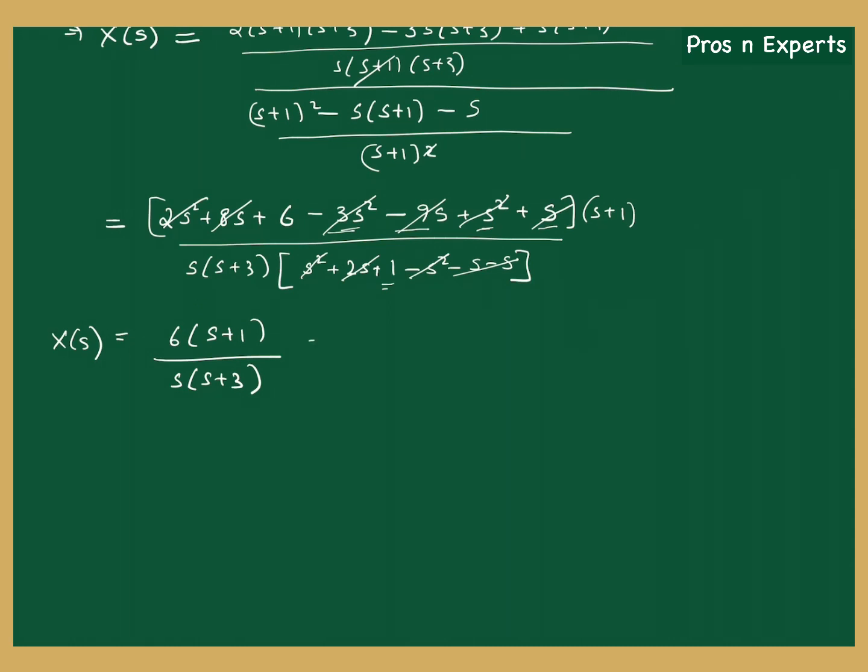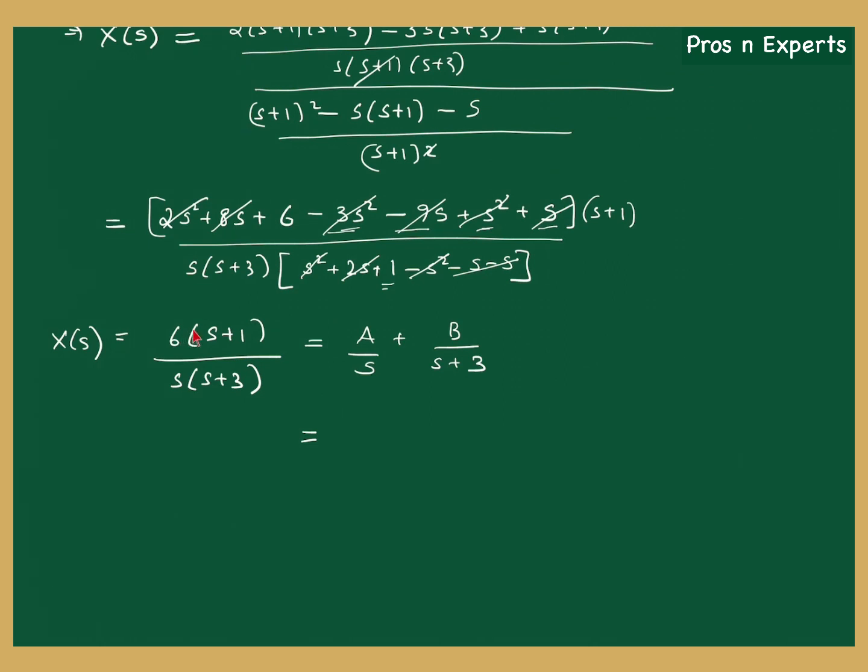Now it's only a matter of making it into partial fractions. So this is a by s plus b by (s plus 3). You can adopt any method to find out a and b. I think I will go on with the simplest, easiest method. Here, what is a? You just observe what value of s makes this denominator 0, that is s equal to 0.